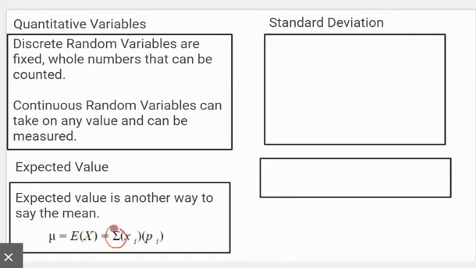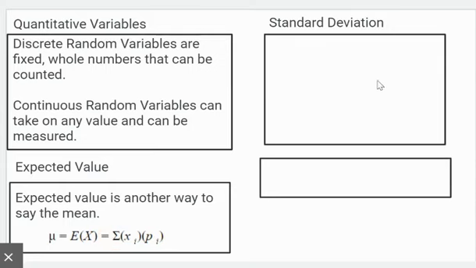This is the symbol for sum. So the mean, which is the same as the mean of a probability distribution, which is the same as the expected value of a probability distribution, is when you take each value of x in your probability distribution, multiply it times its corresponding probability, and then add all those values together.